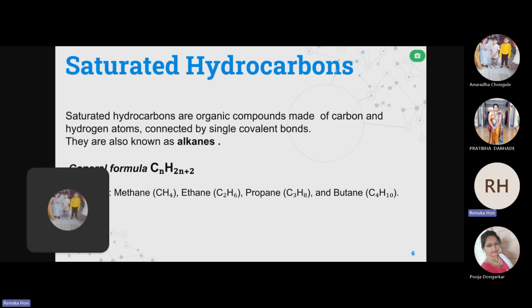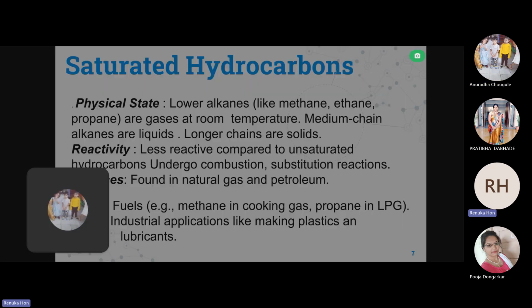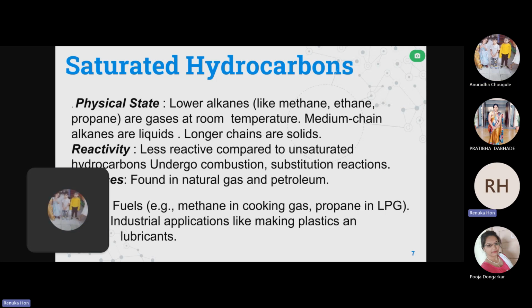In saturated hydrocarbons there is only a carbon-carbon single bond, hence we call it a saturated hydrocarbon. Understood? Yes.